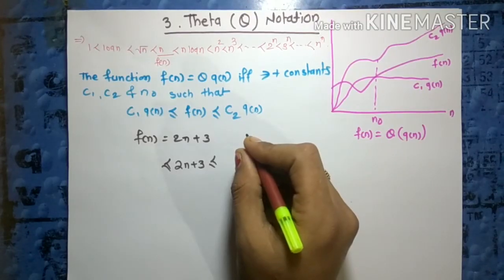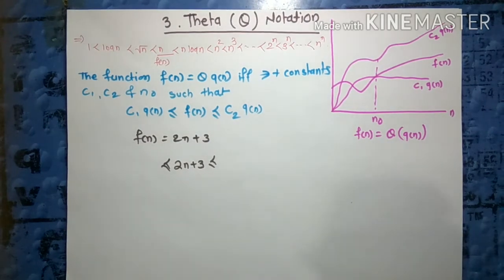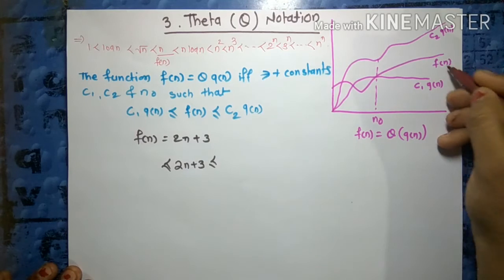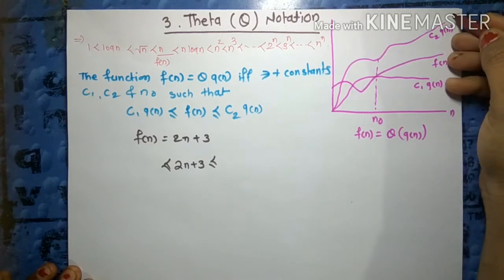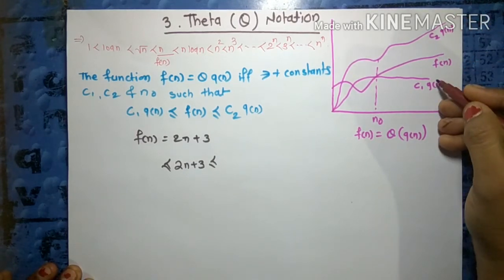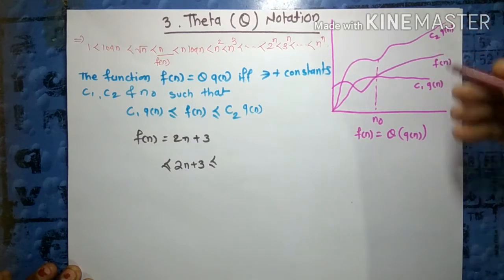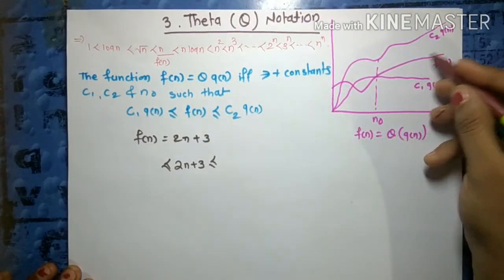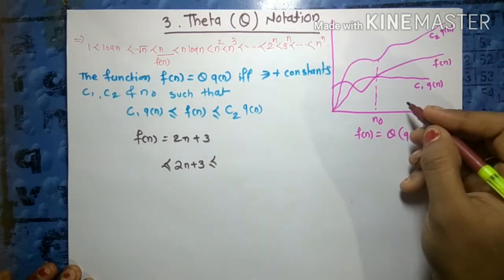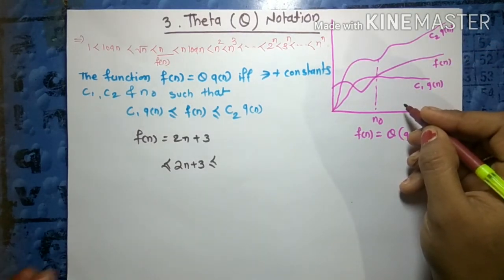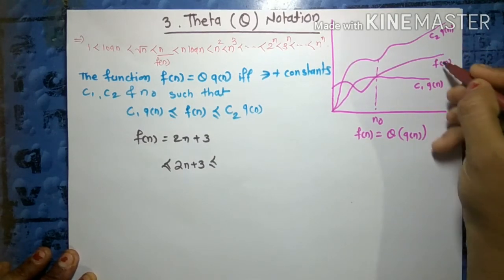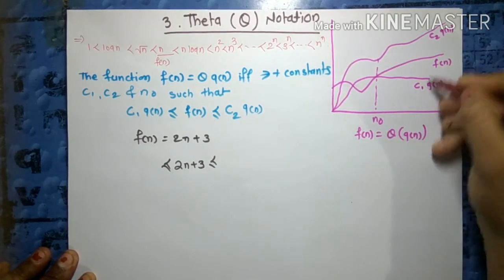The last and third notation is the theta notation. The theta notation encloses the function from above and below, since it represents the upper and the lower bound of the running time of an algorithm. It is used for analyzing the average case of an algorithm. Here you can find there are three constants: n0, c1 and c2.